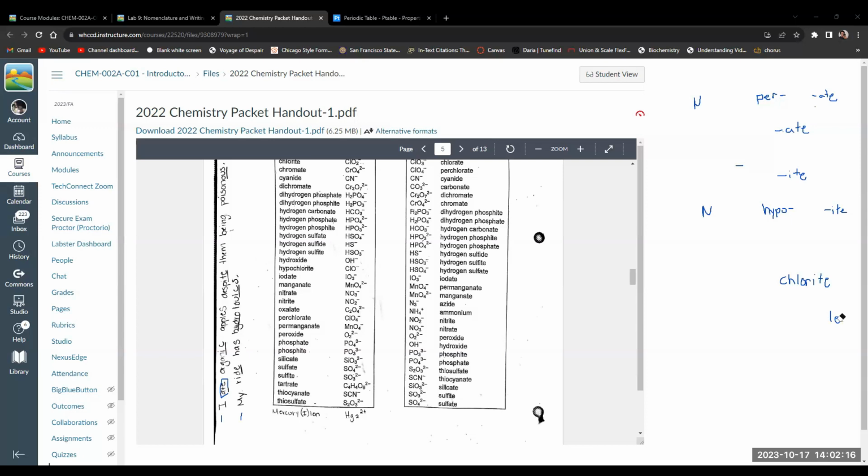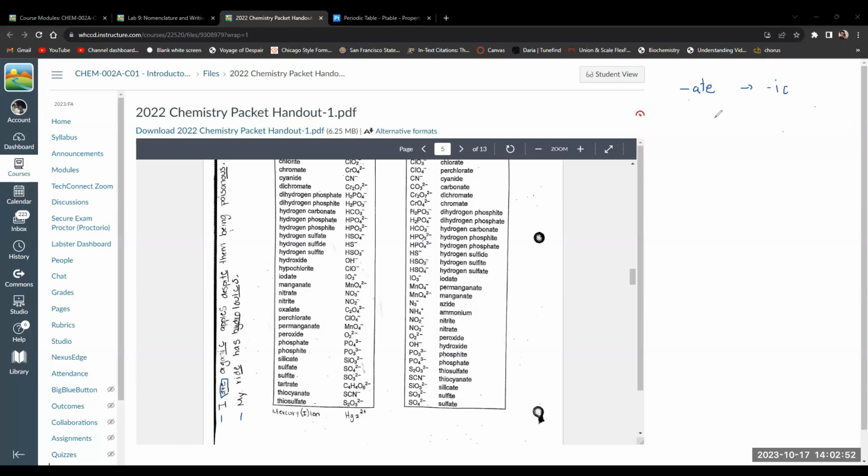So let's try to visualize this saying here. I ate organic apples despite them being poisonous. What this means is, I ate means if it ends in ATE on an acid, we are changing that ATE to IC.